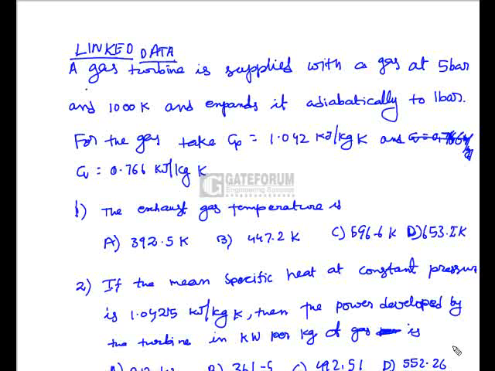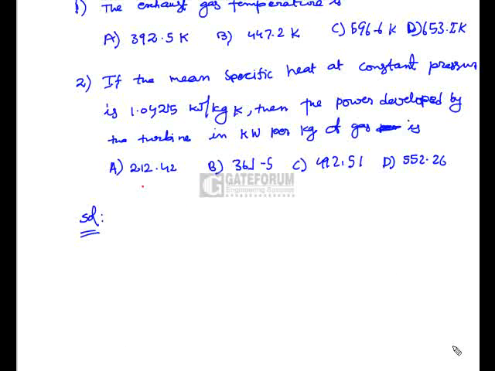And here the options are 212.42 kilowatt per kg, 361.5 kilowatt per kg, 492.51 kilowatt per kg, 552.26 kilowatt per kg.